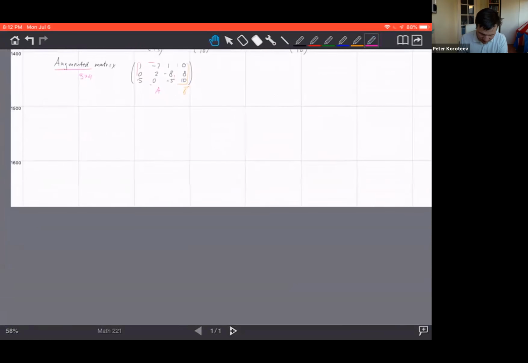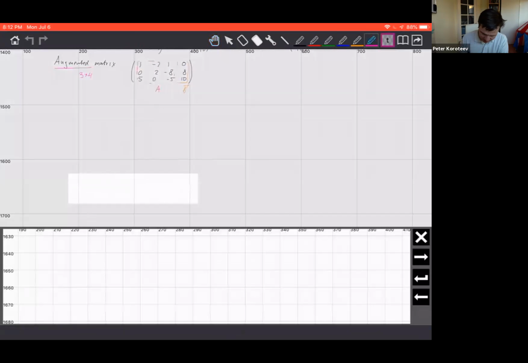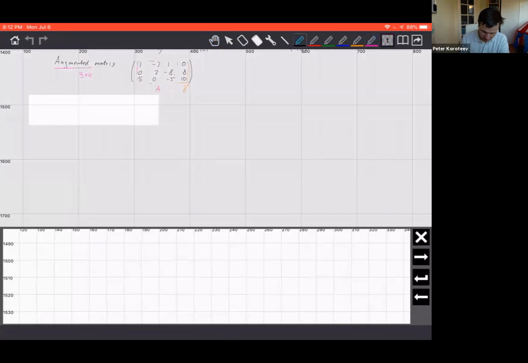So from now on, let's look at the augmented matrix of the system. Now the idea is to reduce it to a certain form where it will be easier to find the solution, so to find the values of x1, x2, and x3.